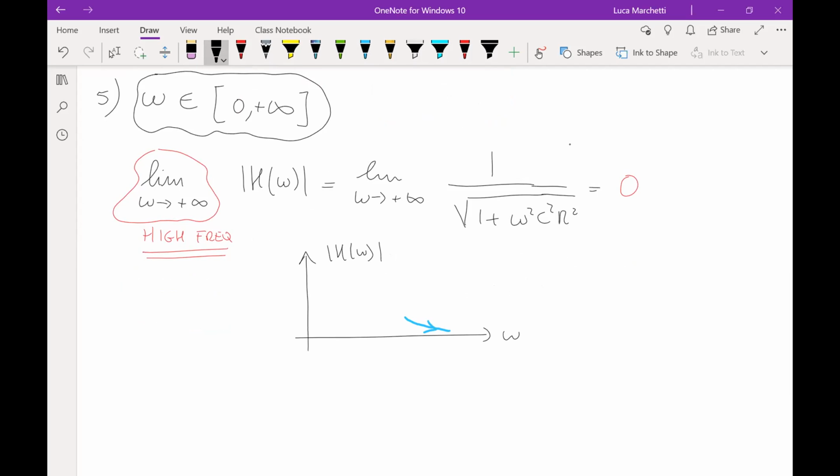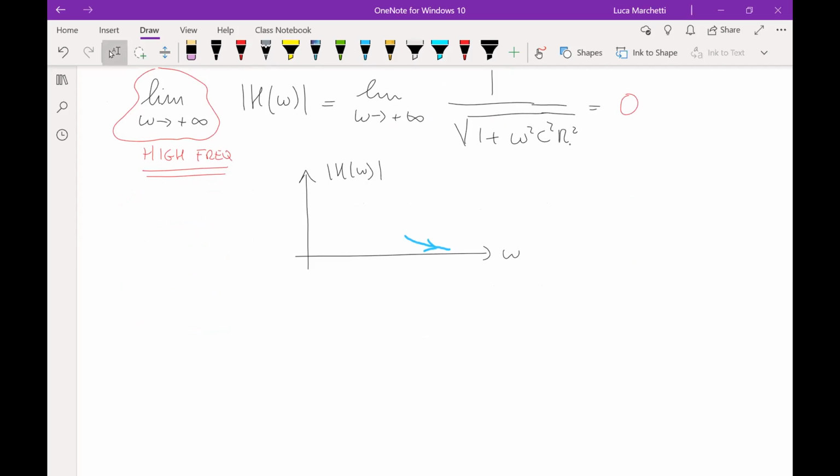We don't know how or when we'll reach 0, but we know that we'll reach 0 at infinity, so I cannot let this curve touch the x-axis because it will never reach it. Only at infinity, so I can draw it like this. But we know that it's approaching 0 for high frequency.